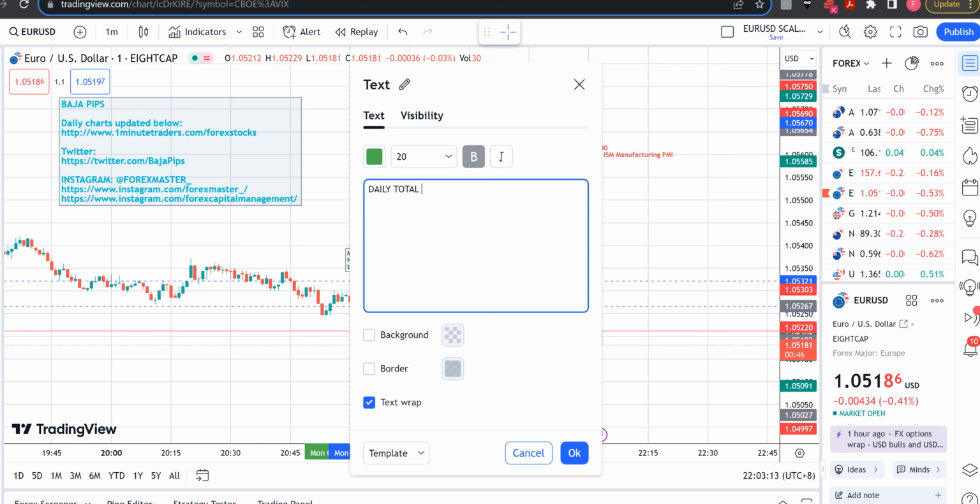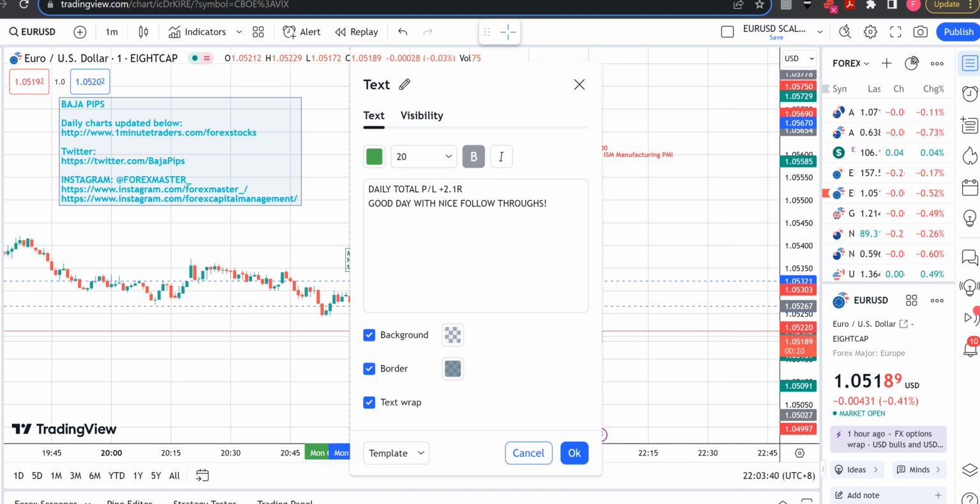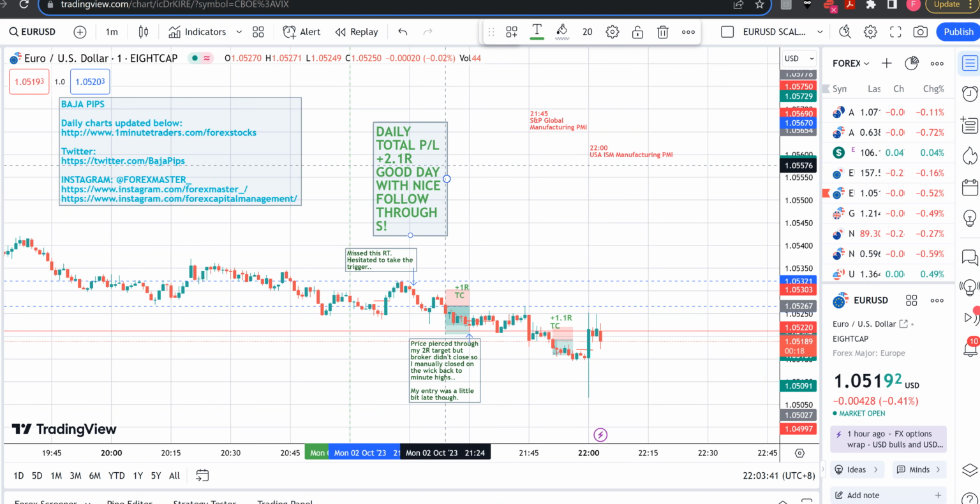Daily total P&L plus 2.1 R. And then I'm going to write down: good day with nice follow-throughs. All right. Boom, boom. There you go.